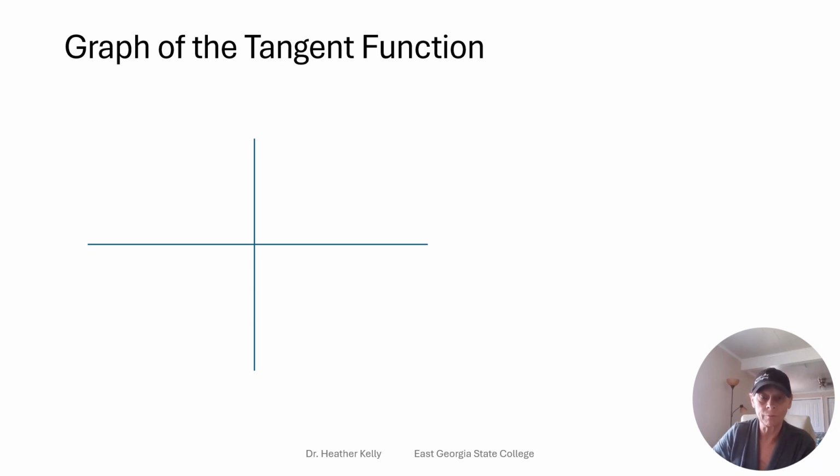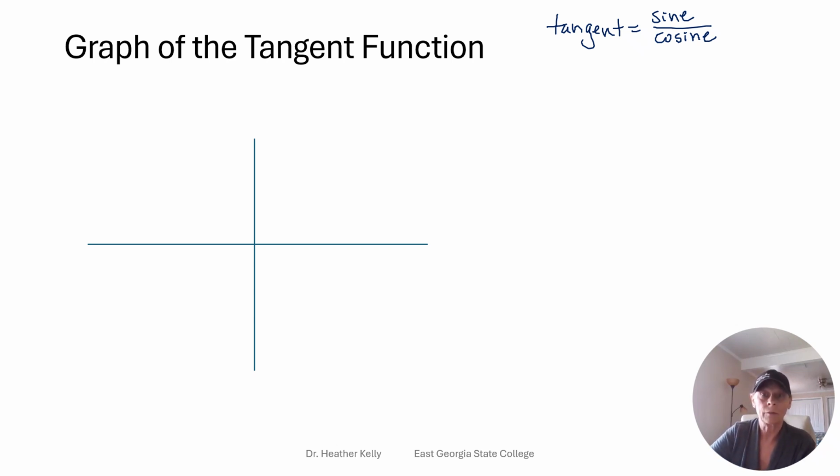First off, let's remember that tangent, by definition, is sine over cosine. And that introduces something that we haven't been doing with the trig functions yet, and that introduces vertical asymptotes.